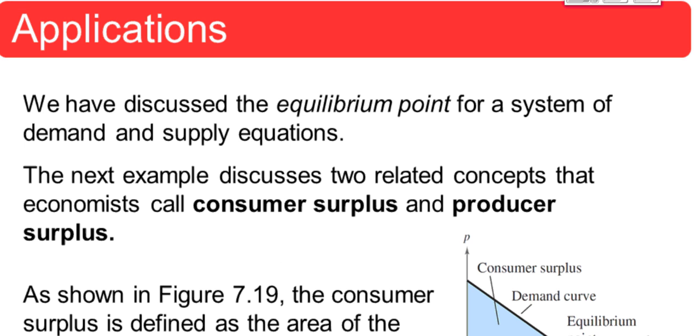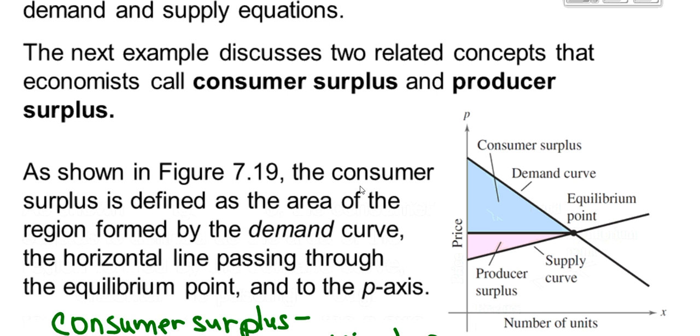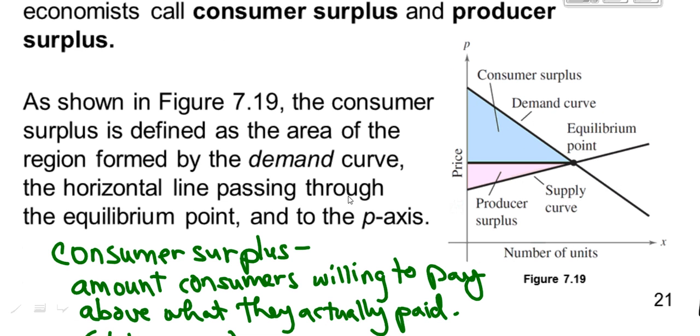So these are applications, and we've looked at that equilibrium point concept for a system of demand and supply equations. And the next example goes through two related concepts that economists call consumer surplus and producer surplus.